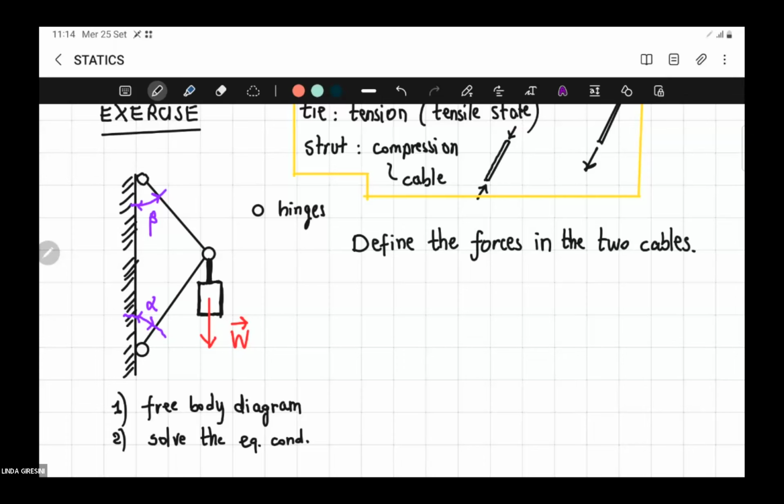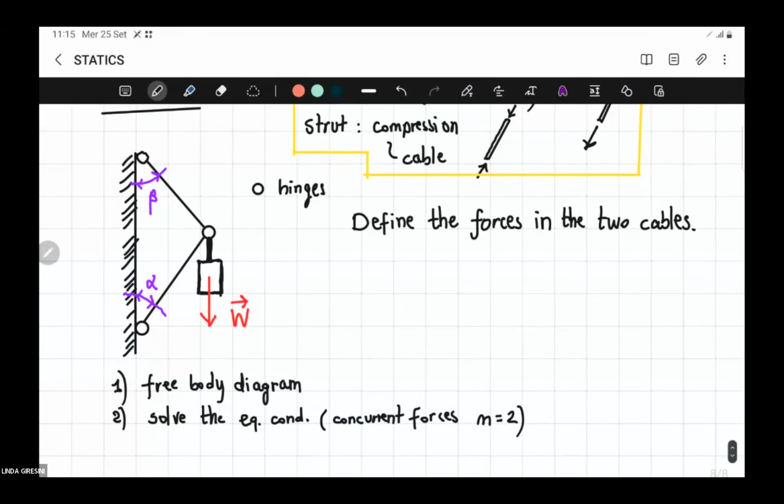Why? Because the forces are concurrent forces, then the number of equilibrium conditions is just two. Okay. These are the two main steps.